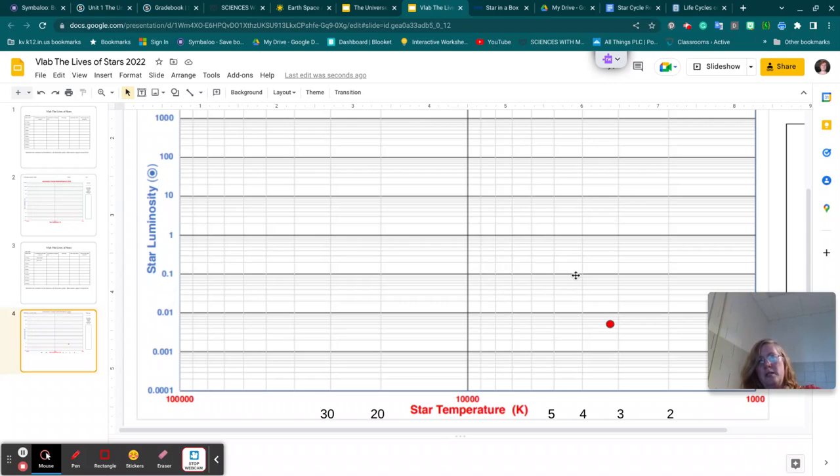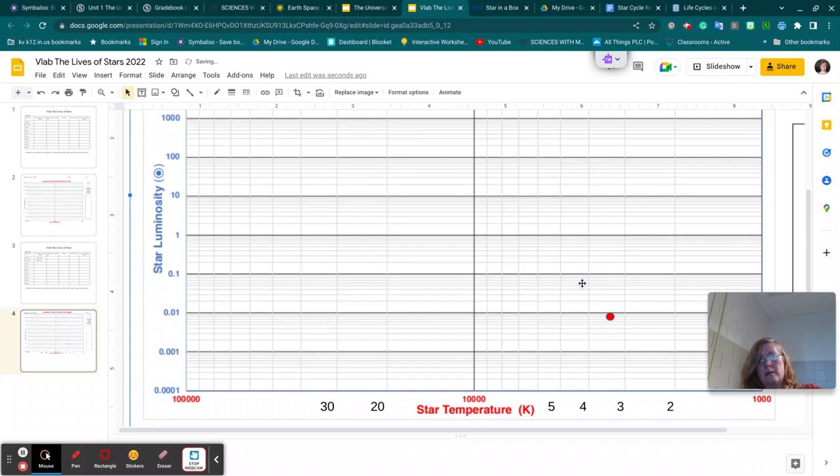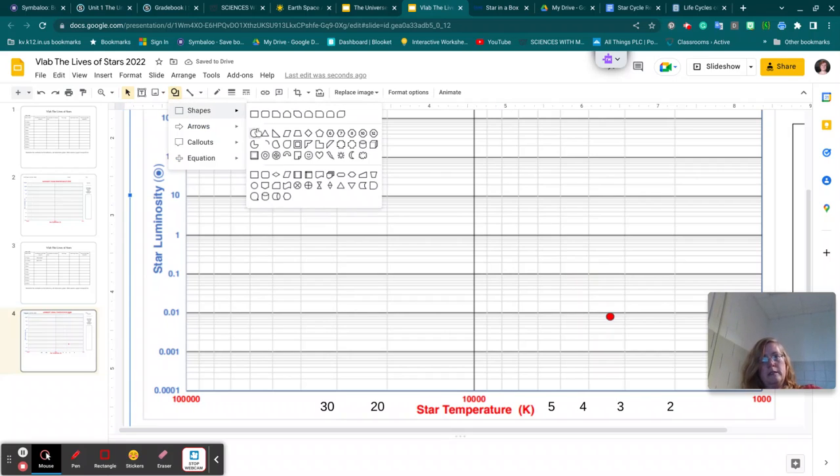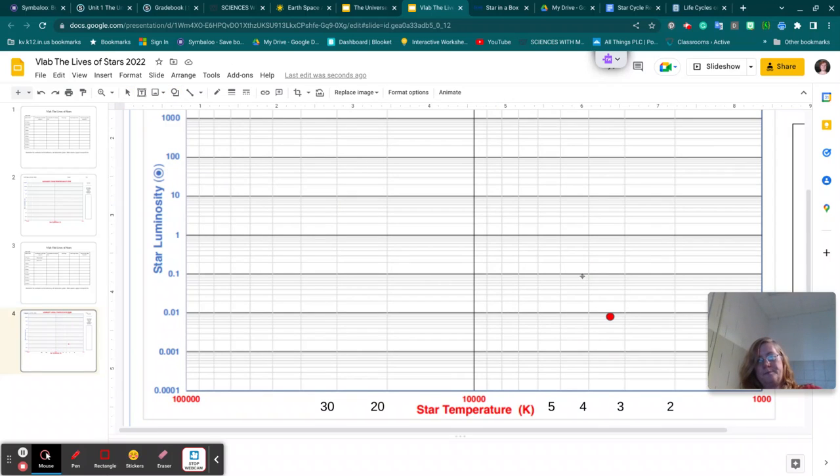So it's going to be just past 4,000. So again, oops, I forgot. I didn't draw the circle. Okay, grab circle. Almost touching and basically on the 4,000 line.